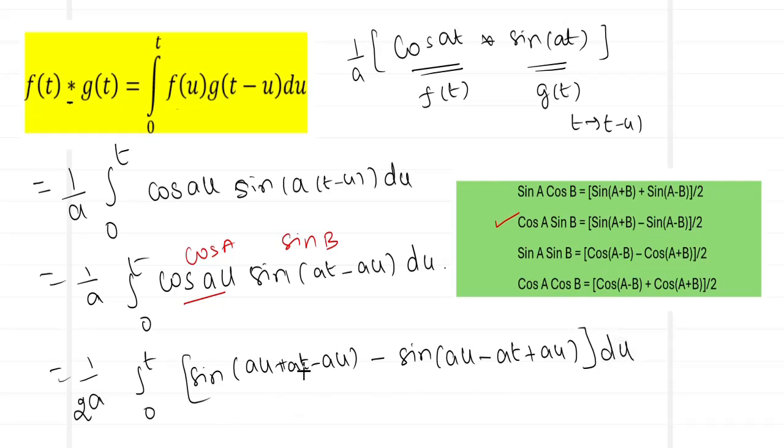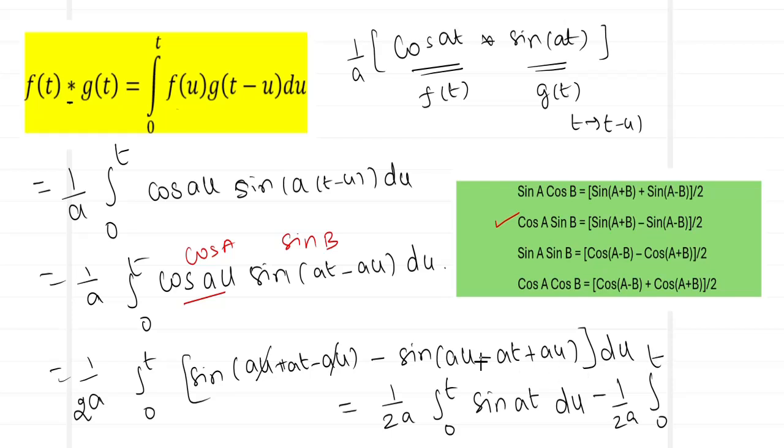Now in the first term, positive au, negative au cancels off, leaving you with 1 by 2a integral from 0 to t sine of what is left out, which is at, into du. Let me separate this into the second term: minus 1 by 2a integral from 0 to t. Now you have au here. So it is sine of 2au minus at into du.